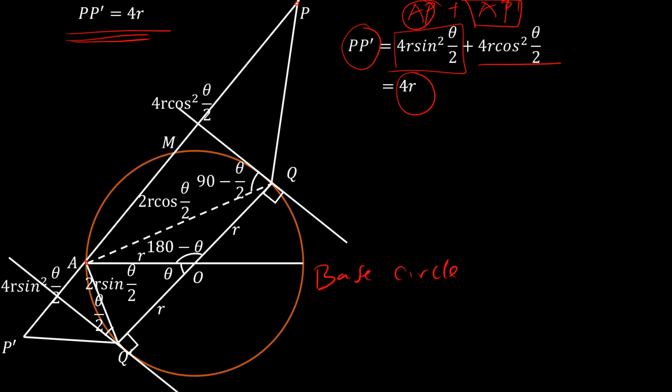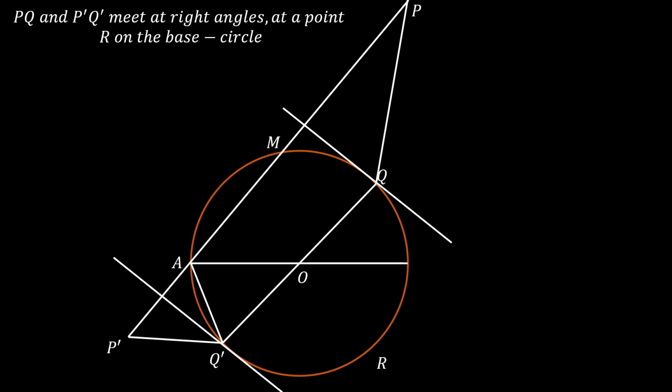Okay, so let's continue. The next thing we would like to show is that PQ, in other words, this from P, meets PQ prime at point R at a right angle.